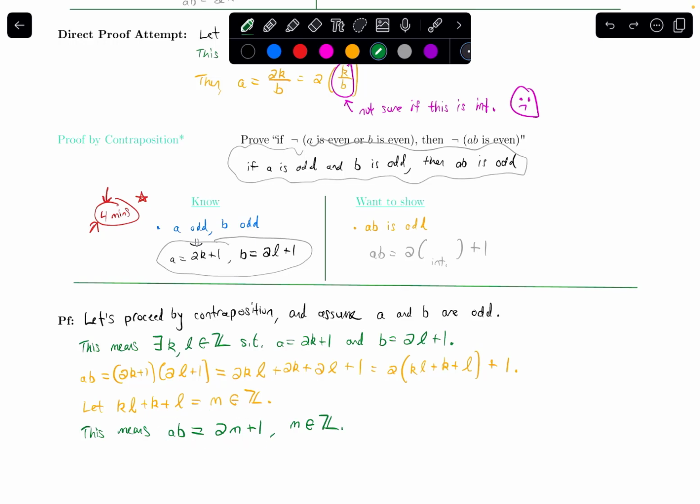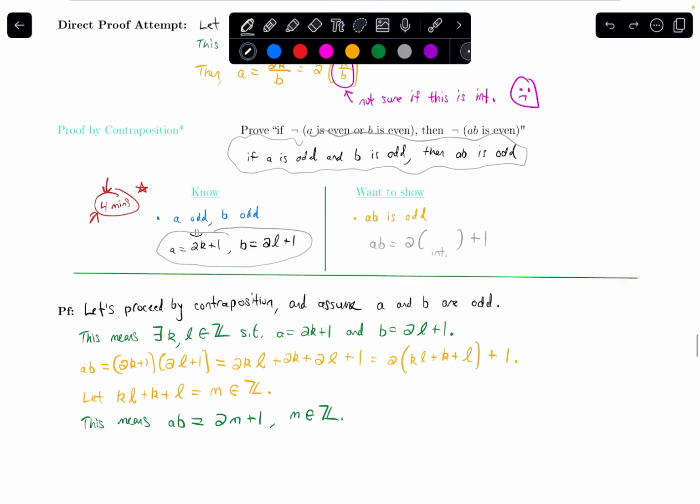It's 2 times an integer plus 1. So we have reached our conclusion. So I could say thus, A times B is indeed odd, like we wanted to show. We've reached what we wanted to show. So I'll write my symbol for done with proof, which is my square, and it's shaded in.